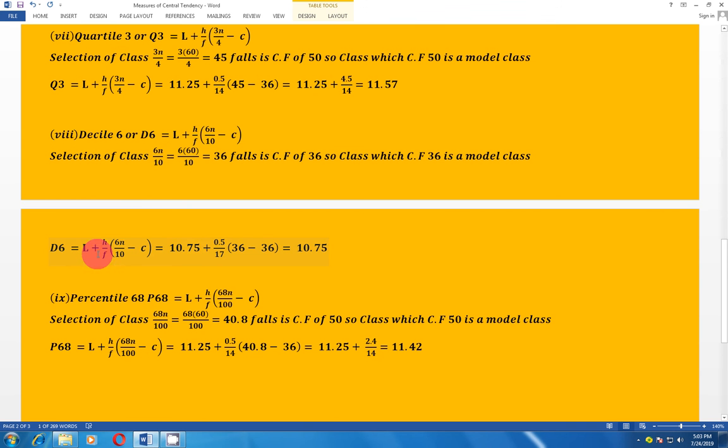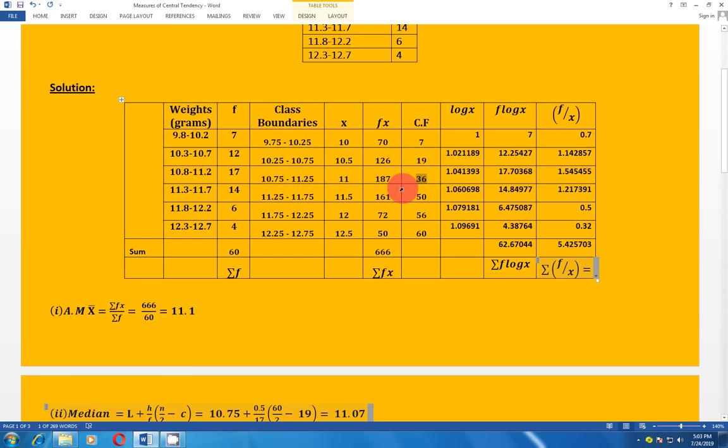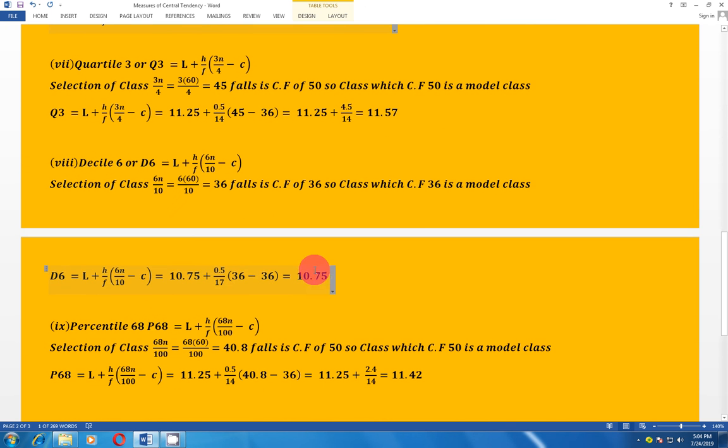So 10.75 is the lower class boundary, H is 0.5, F is 17, D6 or 6n by 10 is equal to 36, and cumulative frequency is also 36. So after putting the values in the formula, that will be equal to 10.75.